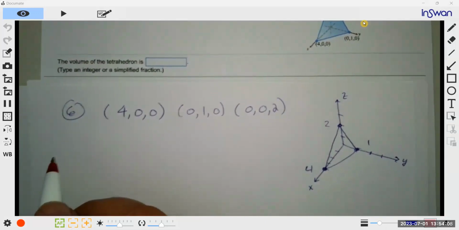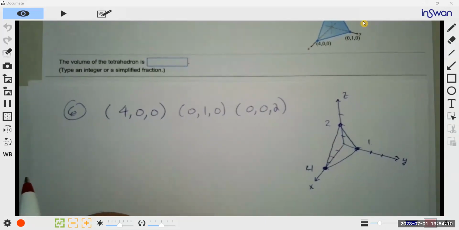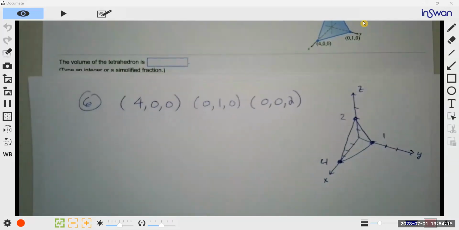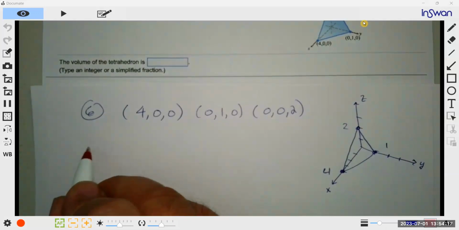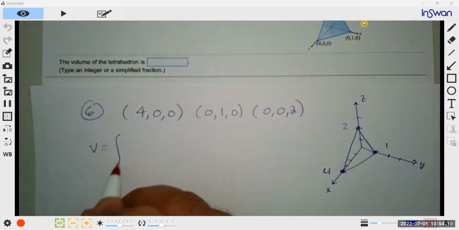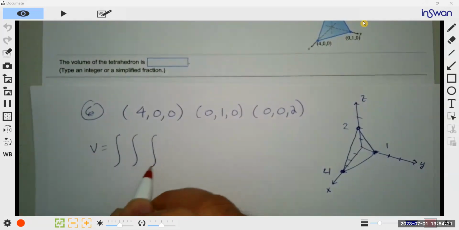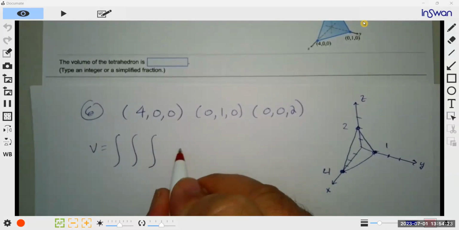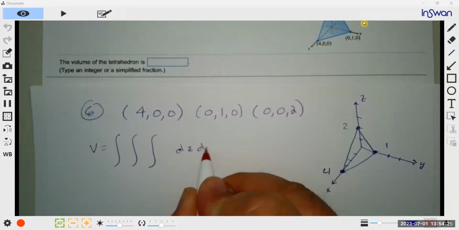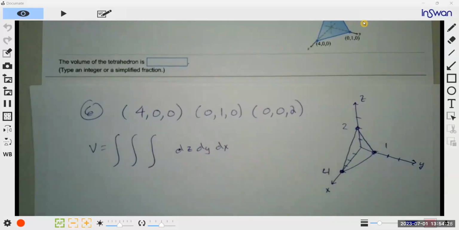All right, so in order to be able to solve this using triple integrals, we have to find the vectors that define it. So this is looking for the volume, dz dy dx.